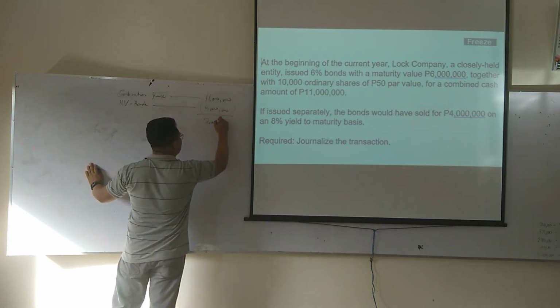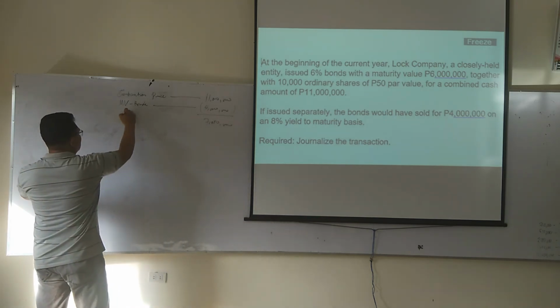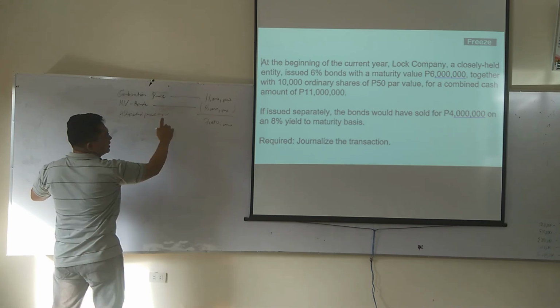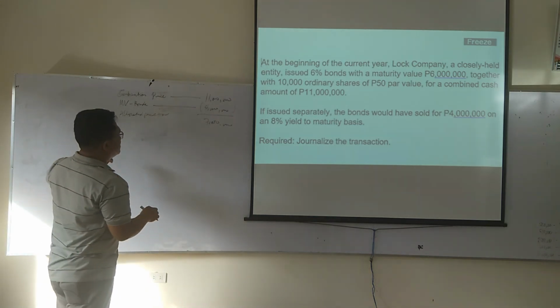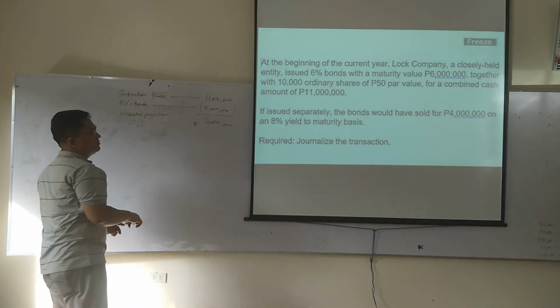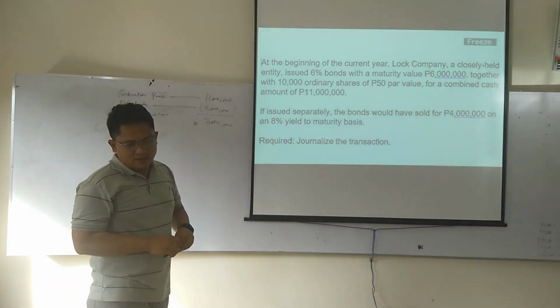Therefore, the allocated price for ordinary shares is 7 million.